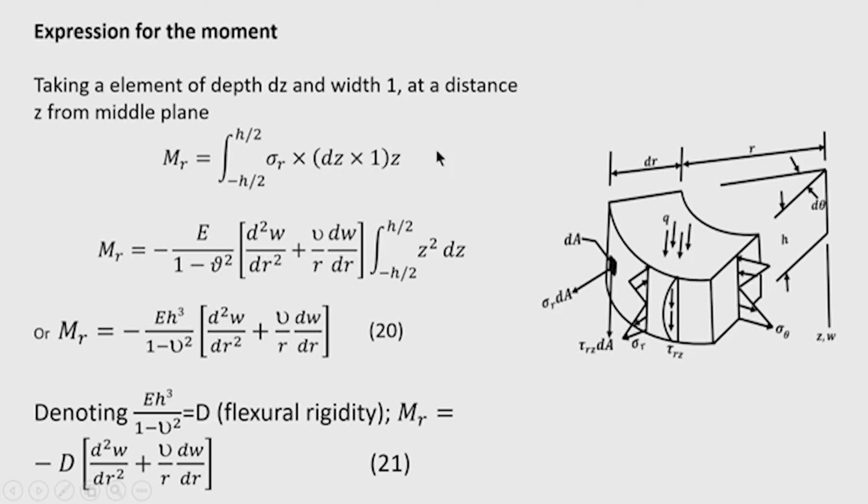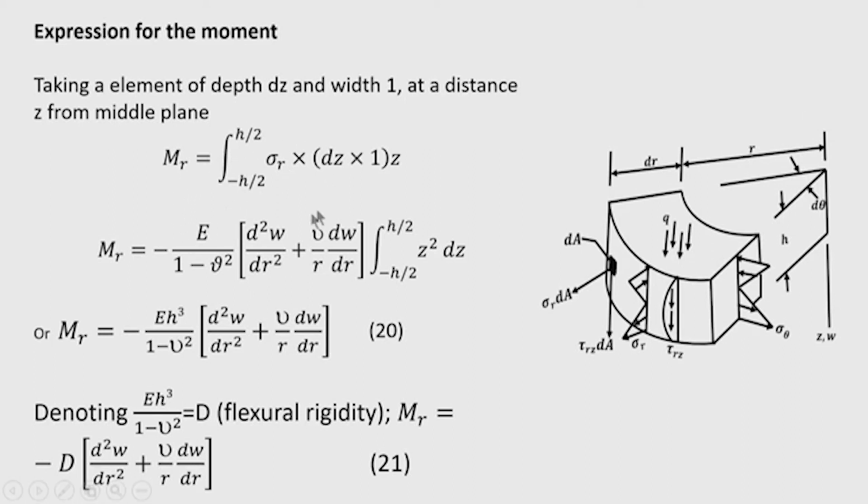So, force into distance about the neutral axis will give the moment on the element, and after integrating along the depth of the plate, minus h by 2 to plus h by 2, we get the moment in the radial direction.